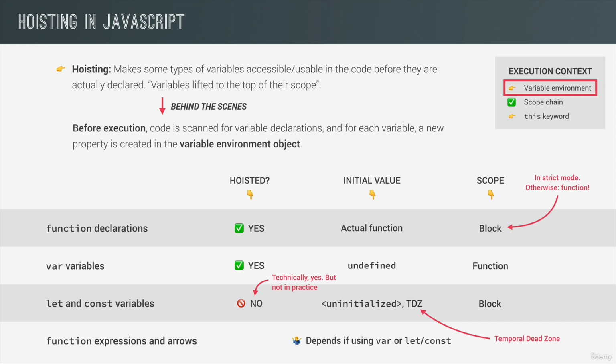This means that a function expression or arrow function created with var is hoisted to undefined, but if created with let or const, it's not usable before it's declared in the code, because of the temporal dead zone. So again, just like normal variables, right? And this is actually the reason why I told you earlier that we cannot use function expressions before we write them in the code, unlike function declarations.